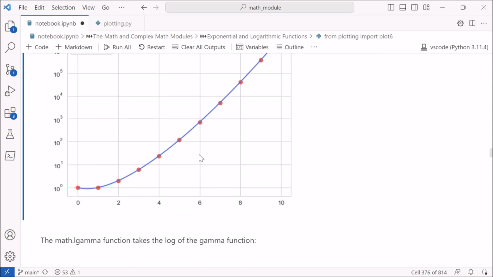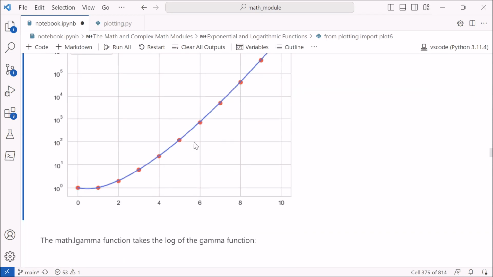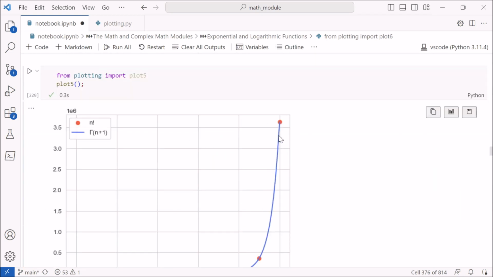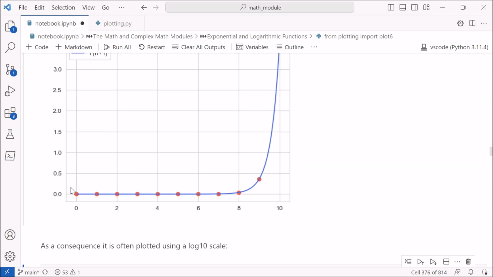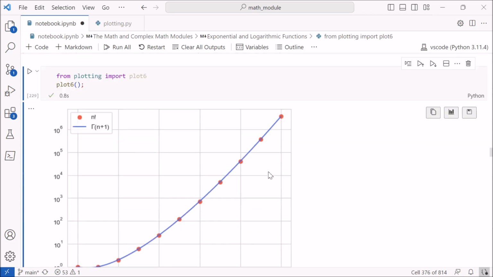So you get to see the differences in the small values quite readily, and you can see a lot more detail than what the linear graph shows for this specific data set.